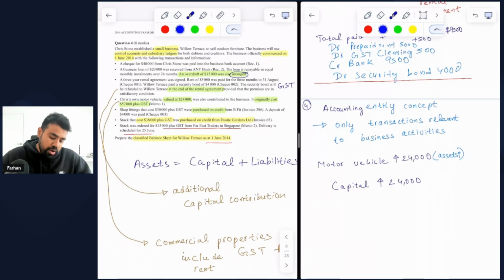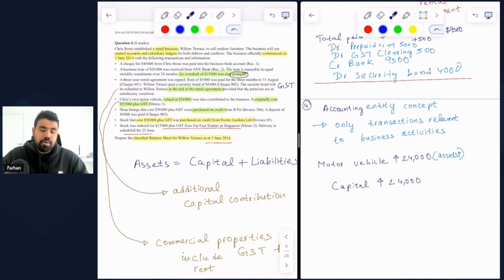Now, why are we not recording the motor vehicle within the business at $52,000, but at the fair value of $24,000? This is because of the accounting assumption of business entity or accounting entity concept, which says that only transactions that are relevant to business activities are actually taken into account for preparing the financial statements for the business.